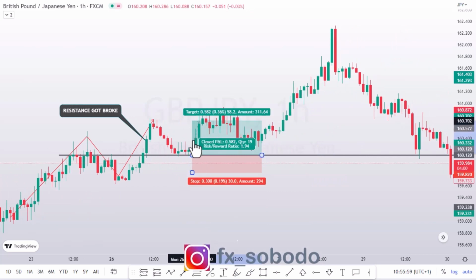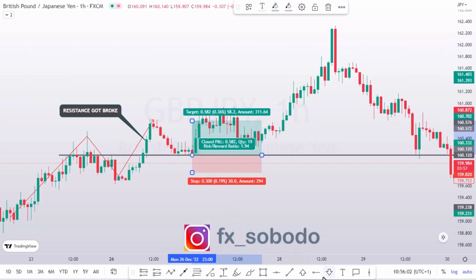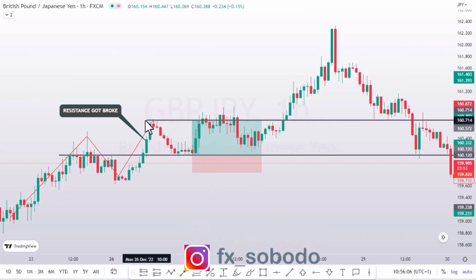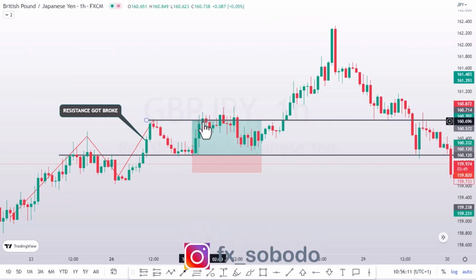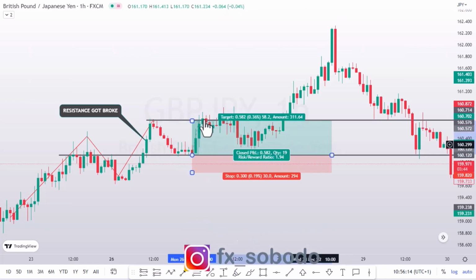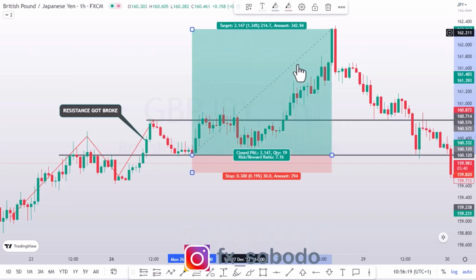If I were the one taking this trade, this would have been my first take profit at this level. Then the rest, I leave it to run.